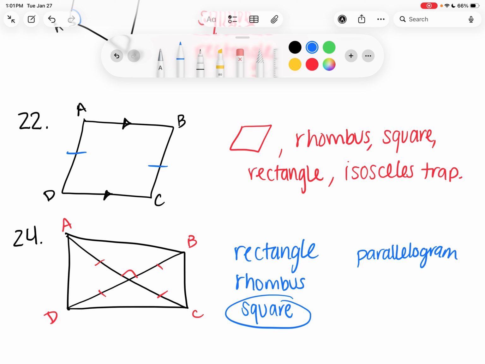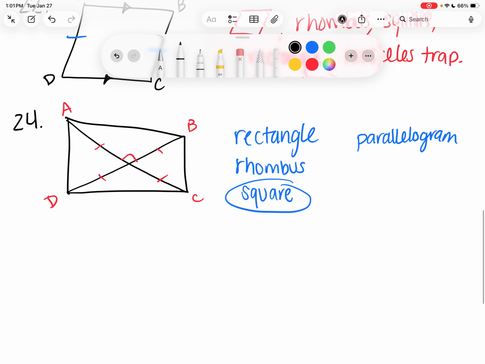The next one says, which two segments or angles must be congruent for you to prove that ABCD is the given quadrilateral? Explain your reason. There could be more than one right answer. So 30 says isosceles trapezoid.